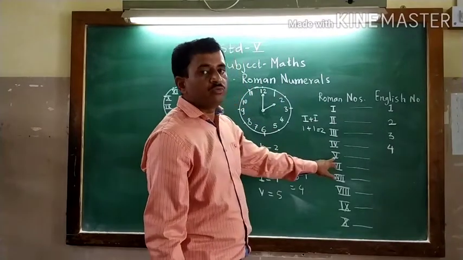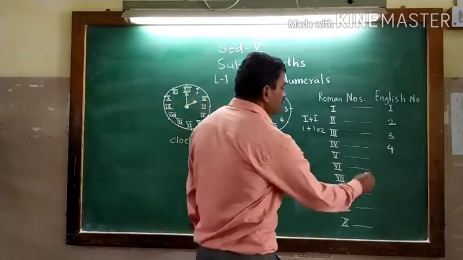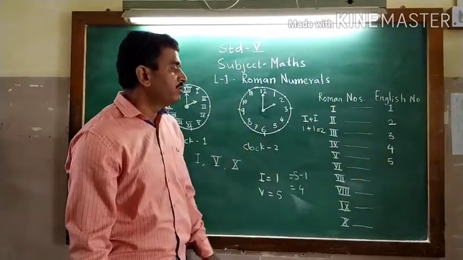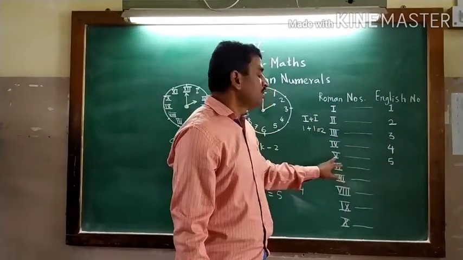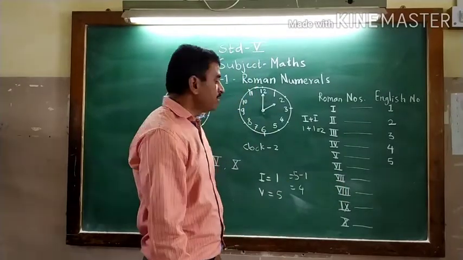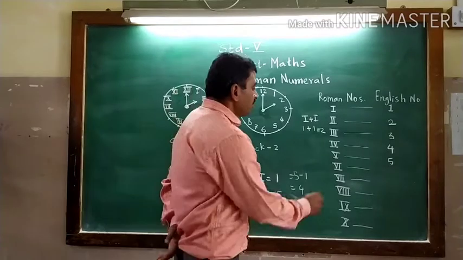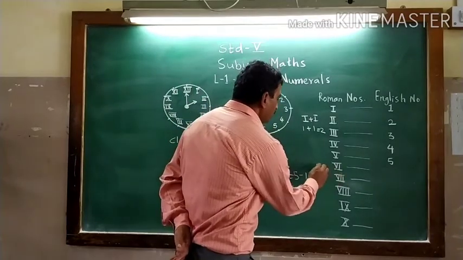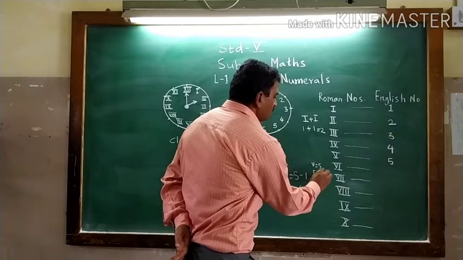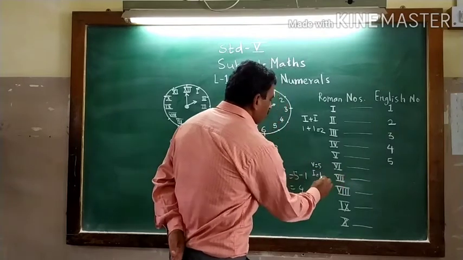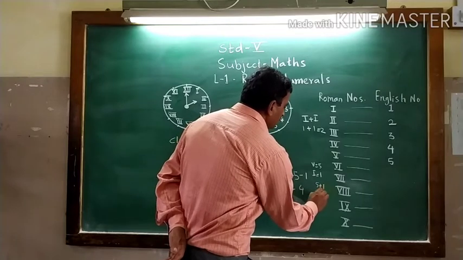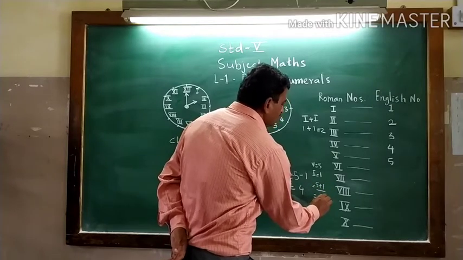Now, 5 is represented by V. Now, to represent 6, we use V, which is equal to 5, and I, which is equal to 1. So, it becomes 5 plus 1 is equal to 6.